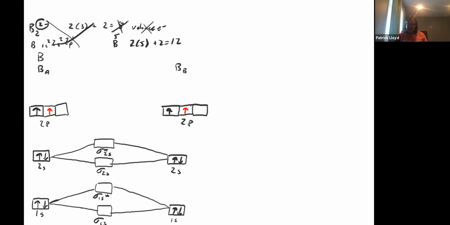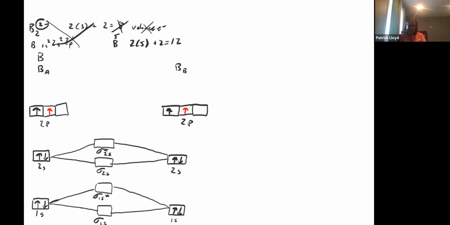It's just sigma, it's a sigma bond. If it doesn't have the star, it's called a bonding orbital. If it does have the star, it's called an anti-bonding orbital, okay? The anti-bonding orbitals are higher in energy than the atomic orbitals. So if an electron goes into an anti-bonding orbital, that makes the molecule less stable.